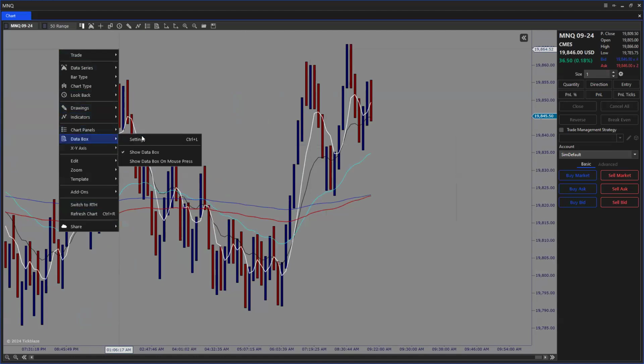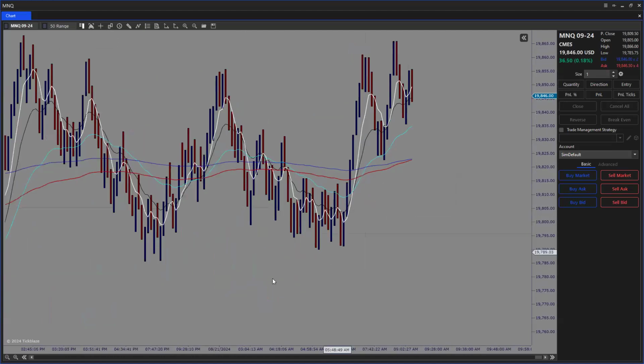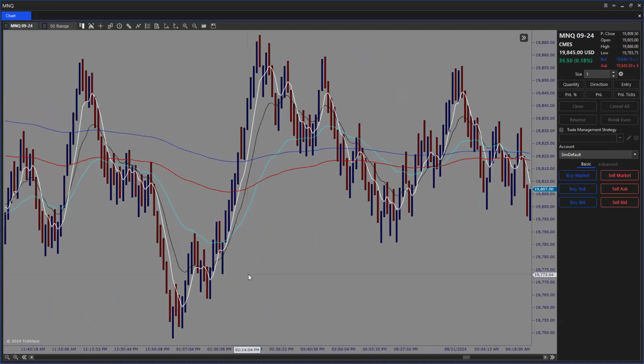Let's go here. Data box. Look at 214. 1404. Yeah, same. Let's see. So this would have been, let's go horizontal line.